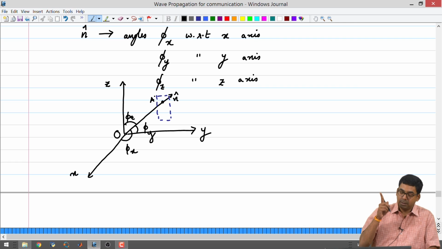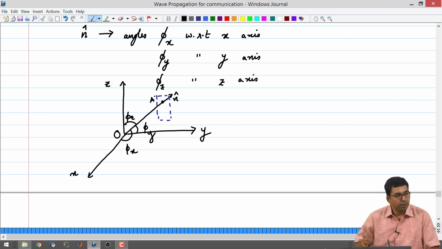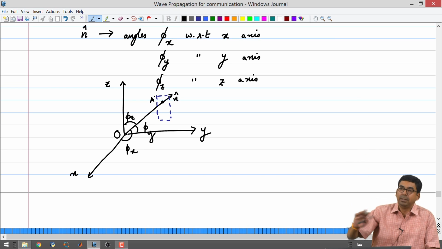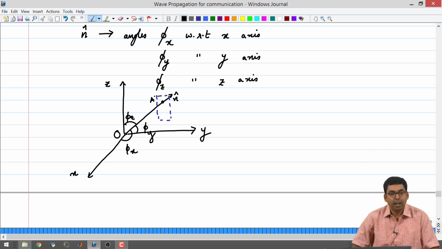So, now we have a unit vector, the direction of propagation to be n hat. Okay. Coordinate axis defined according to the right hand system x, y, z should form a perfect right hand triad, all right. Angle between the x, y, z are defined, and we have drawn a plane which is describing a constant phase plane at the point A, that is here, that is the setup that we are having.